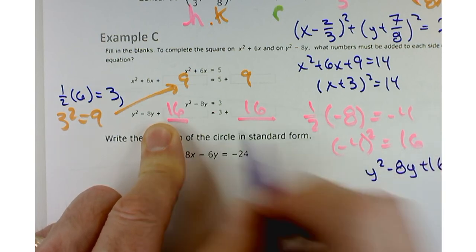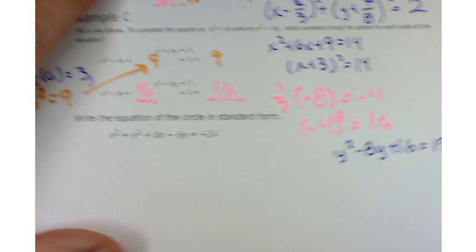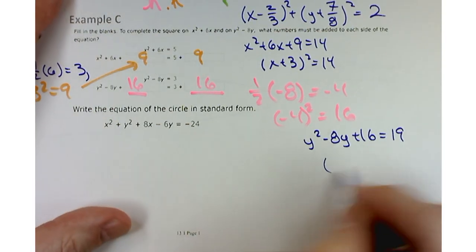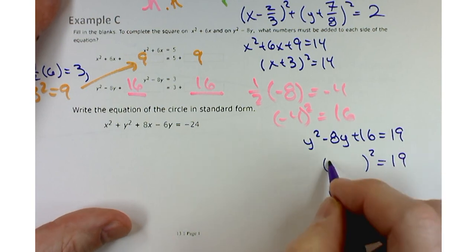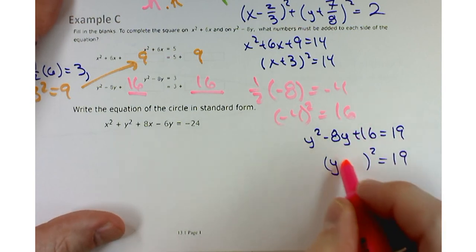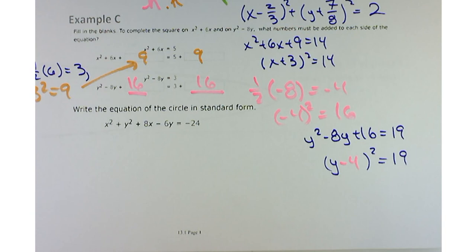On the right-hand side, you're left with 3 plus 16 is 19. But the reason we added that 16 was to make this a perfect square. So it's really y minus 4 squared equals 19. So just a little refresher for you on completing the square.